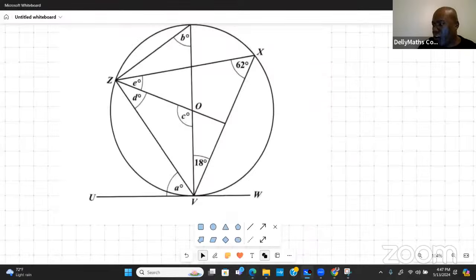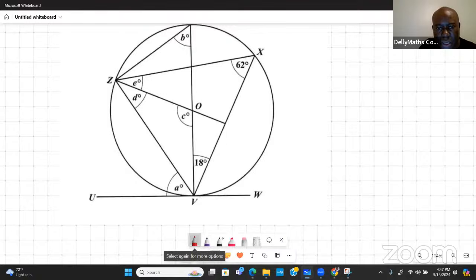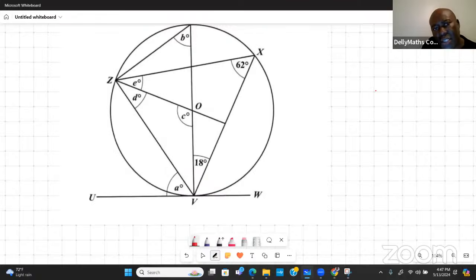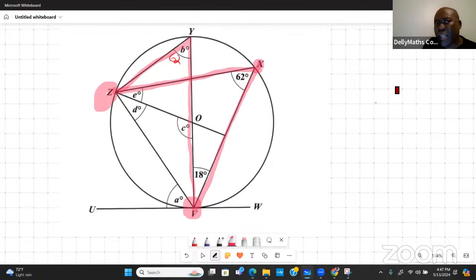So you're seeing that B is actually 62, right? B is 62 right here. Angles in the same segment. Even yesterday evening, we were looking at this, same segment. They came from the same VZ. They came from right here and right here. Both went to the circumference of the circle in the same segment of the circle.